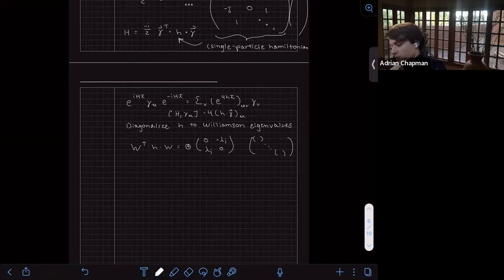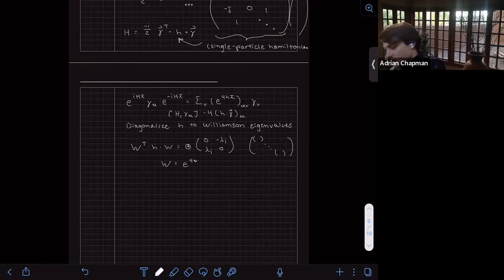And so then we're going to take the logarithm of the matrix W. I'm going to say that the big W is e to the 4 times little w, and hopefully that's legible.